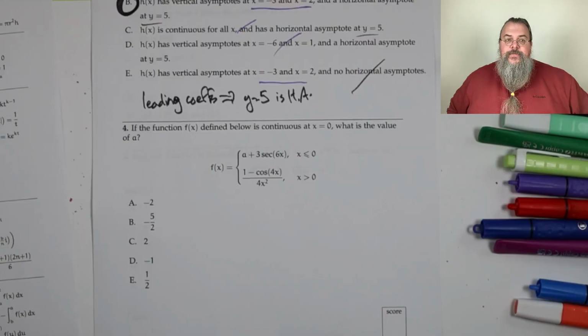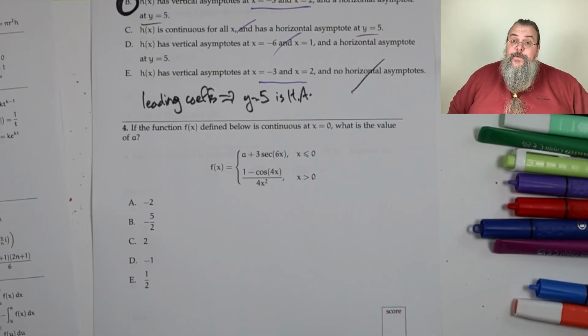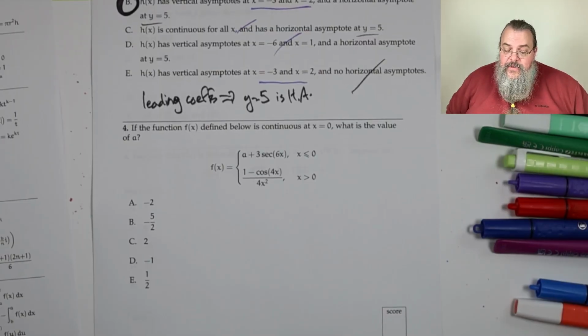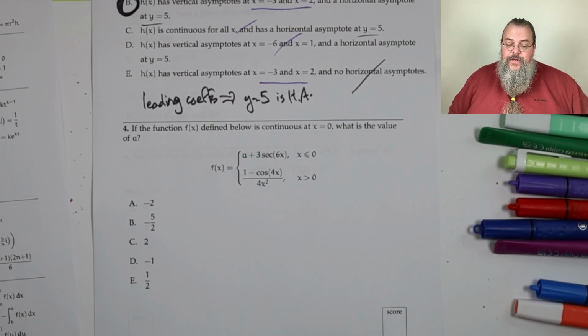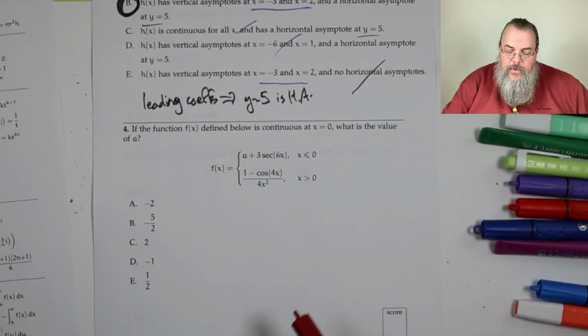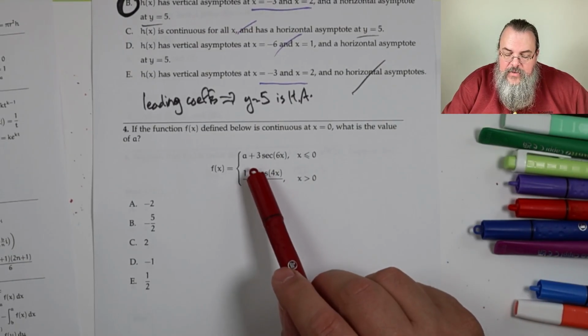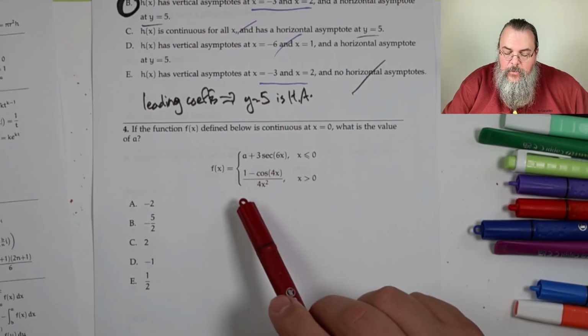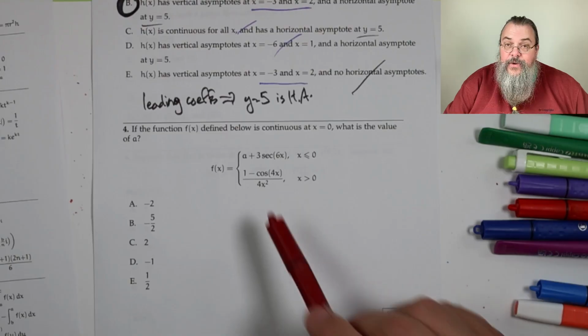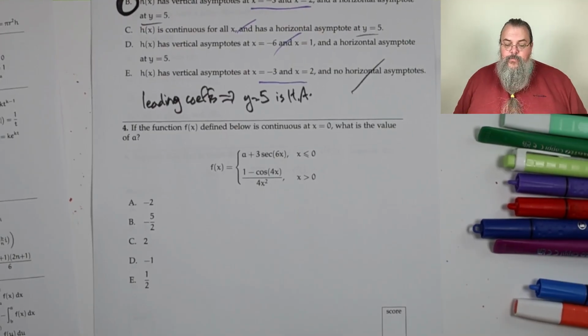Number 4. If the function f of x defined below is continuous at x equals 0, what is the value of a? We have a plus 3 secant 6x, and 1 minus cosine 4x over 4x squared. All right, what does it mean?